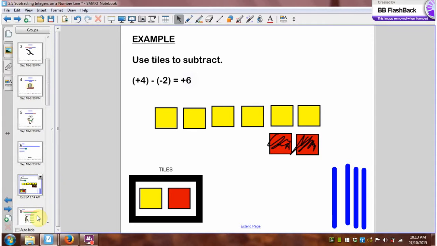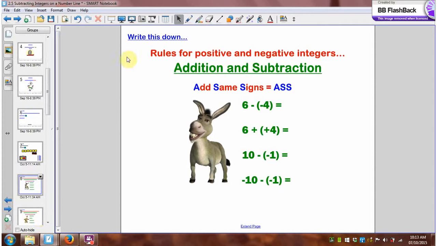Before we start that, we need to copy down a few notes. Write this down: some rules for positive and negative integers, addition and subtraction. Add same signs is what we remember. So ASS, which spells out this word, a name for a donkey.